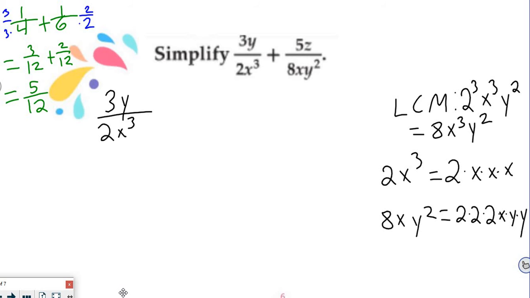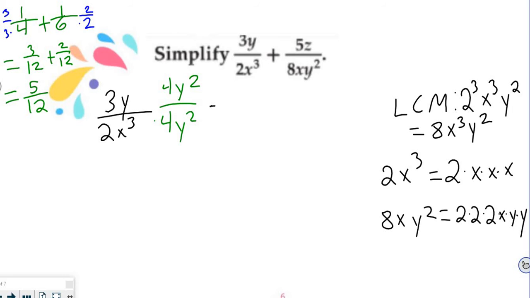8x cubed y squared. Yeah, it's missing 2 of our 2's, which is also 4. And then we have x cubed, but we're missing the y squared. And just like with our fractions, whatever we multiply the denominator by to get our new denominator, I also have to multiply that to the top.